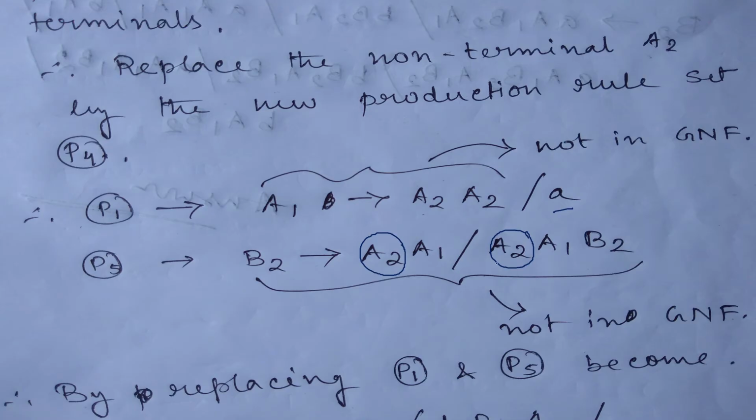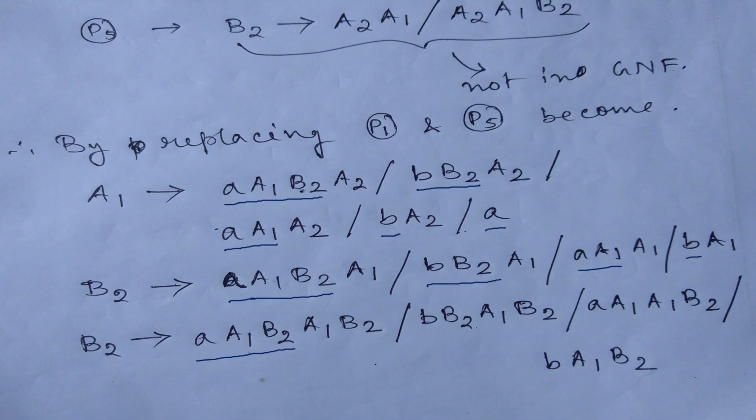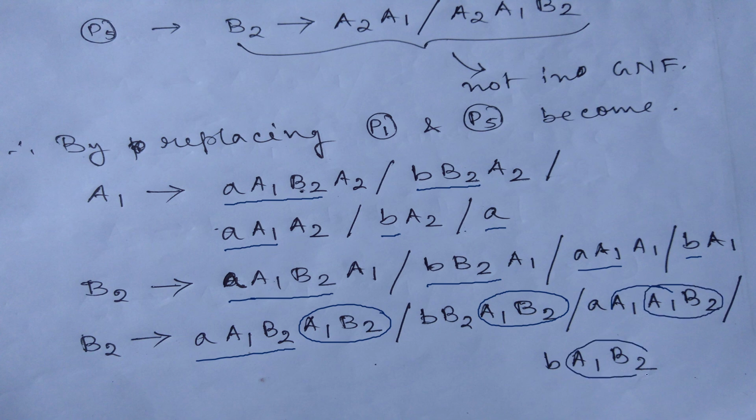You see the second part, this part. This A1 B2 is left at the end for all the other 4 options. Another one is B B2.